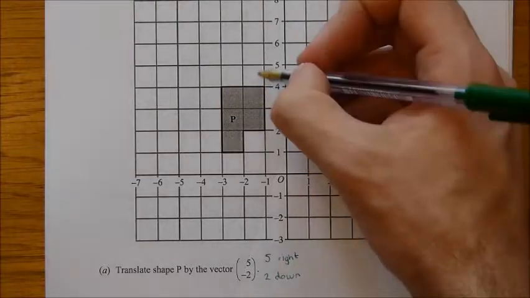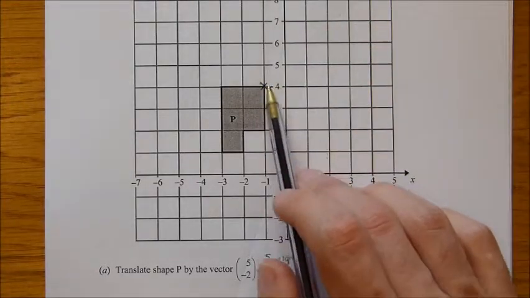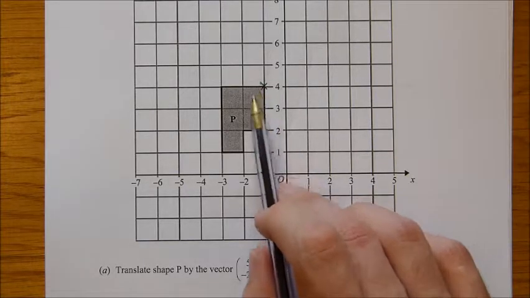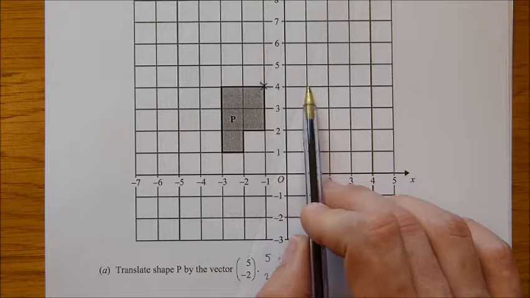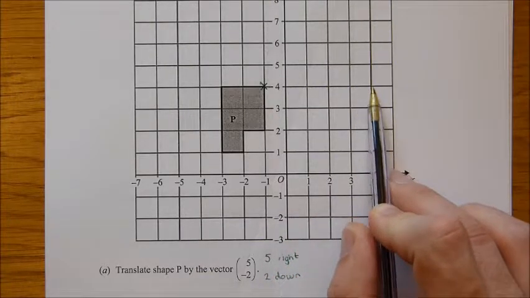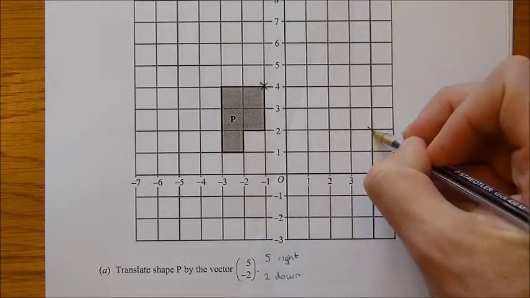Okay, so I'm going to pick a corner on the shape, and I've chosen this one here. I'm going to move that point 5 to the right and then 2 down, and then I'm going to mark in where it goes. 1, 2, 3, 4, 5 right, and then 1, 2 down. So here's the point.